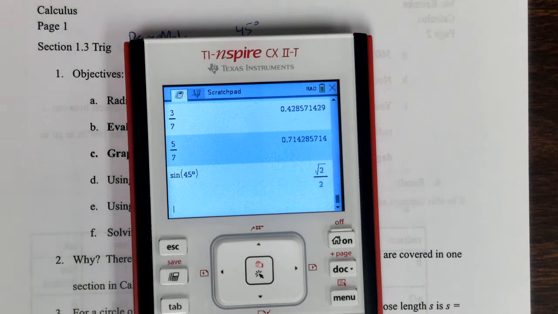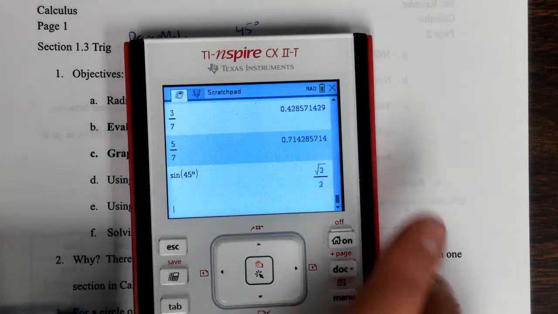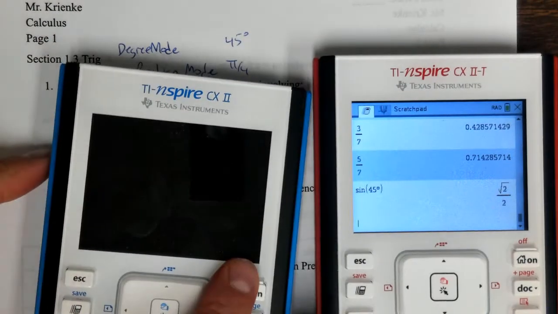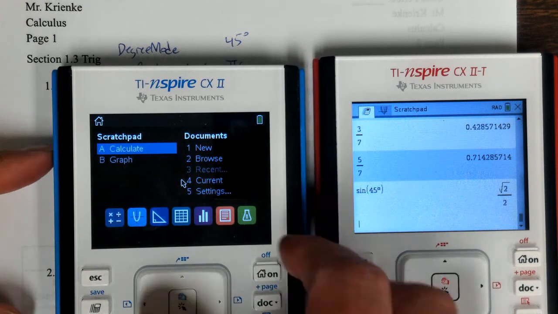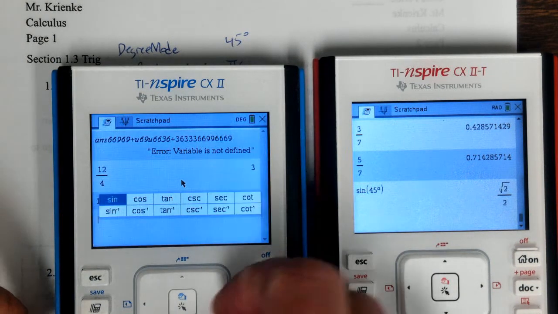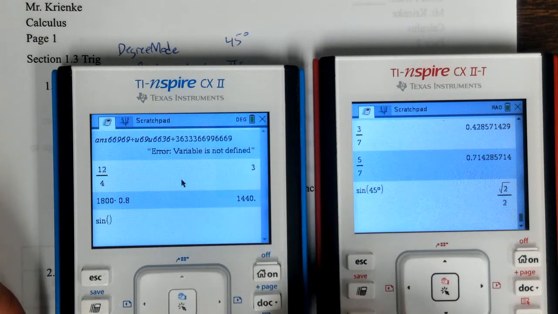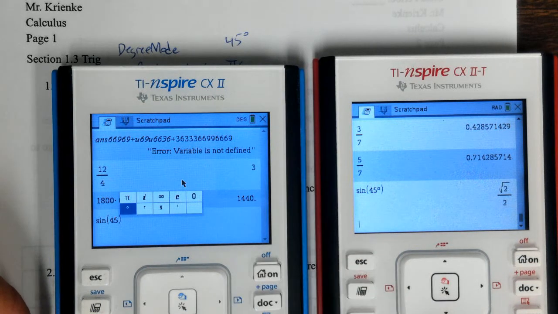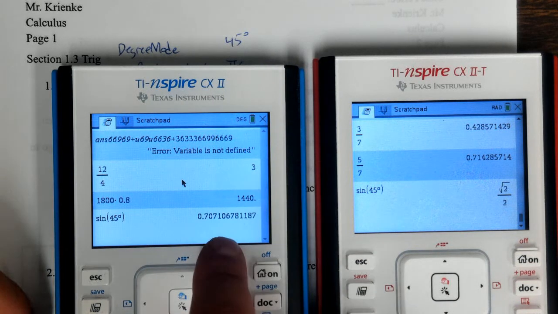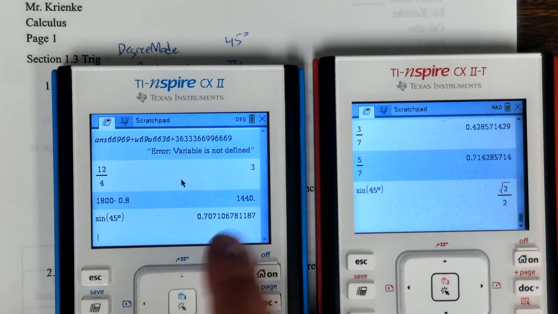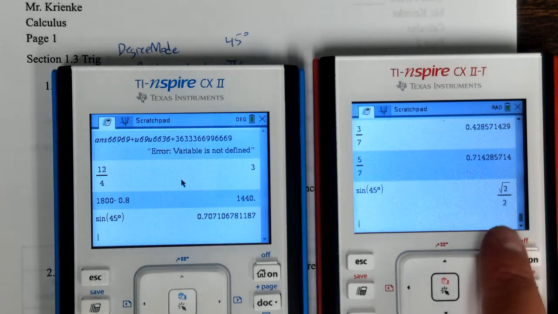Now I bet that's square root of 2 over 2. I did 45, the pi button, 2 degrees. I get 0.7, which is square root of 2 over 2.